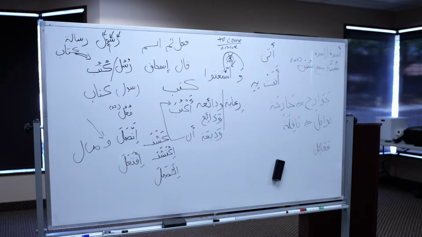So adab is etiquette, right? And therefore, the plural is adab. Just like sunnah and sunan, we have adab and adab. So there are many etiquettes of the Prophet ﷺ. Adabi.